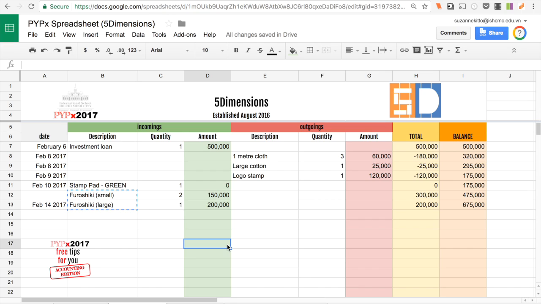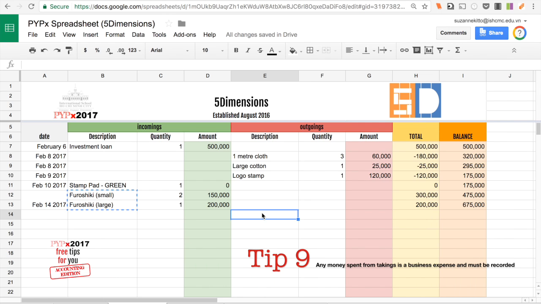And just something else to be aware of is sometimes we can get a bit excited about the other things that are being sold around us and we want to go and be a customer to one of the other businesses. If you use any of your money that you have for your own business straight out of your till to purchase anything from someone else, remember, that is an outgoing.